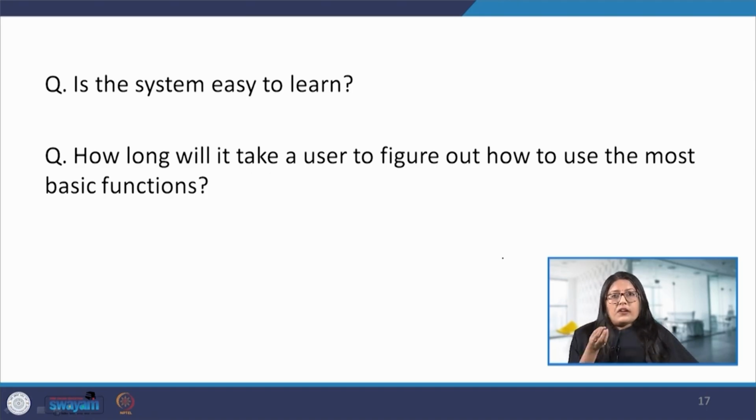I can tell it will take half an hour, it will take 1 hour, but the first question is very open ended, easy or not will depend on a lot of factors. But when we talk about how much time, maximum, minimum, then we can put that in a bracket. So it becomes easy for us as designers to then improve if some kind of improvement is required there.